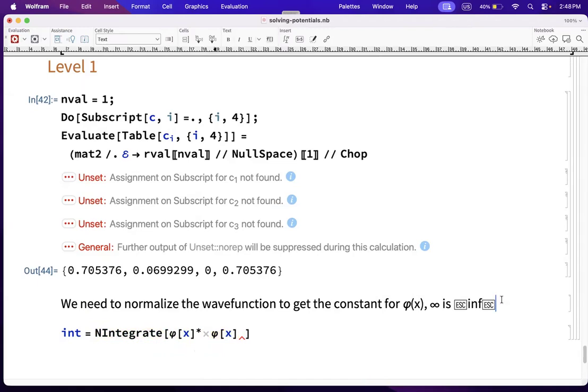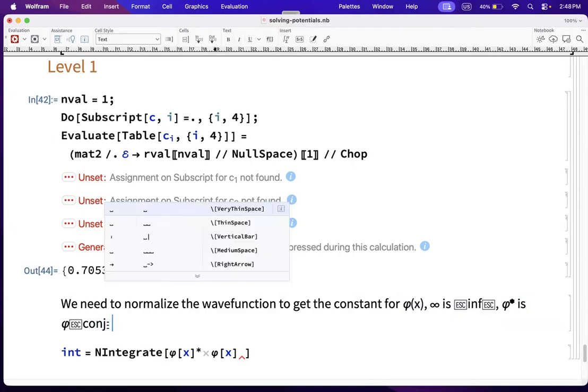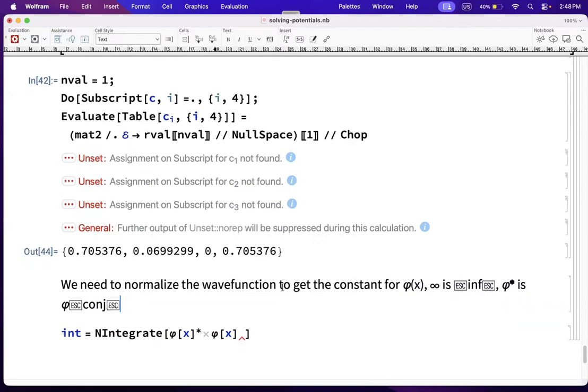How to put the conjugate is this: conj. This is the conjugate of phi. So this is replacing alpha.